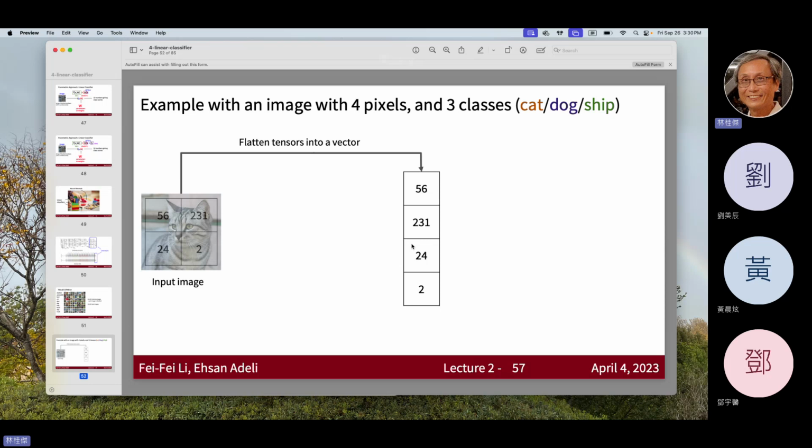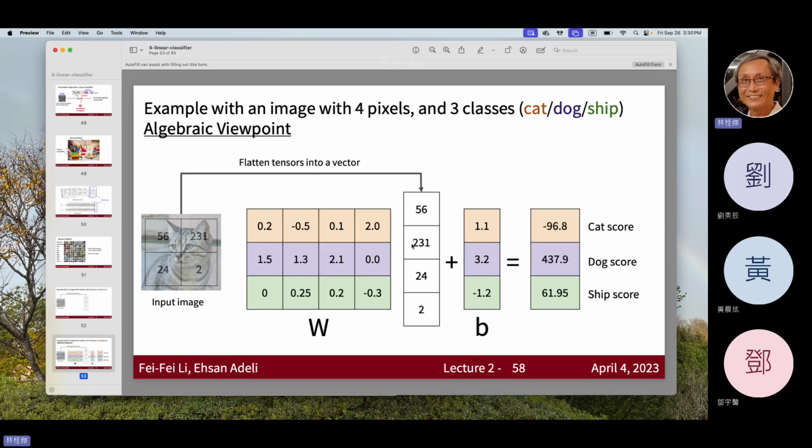Okay, so this is going to be the situation. We have the input images, and the input image, instead of 2-dimensional numbers, is going to be flattened into one particular vector. This vector will then be multiplied by this W, which is something we ask the computer or our algorithm to come up with.